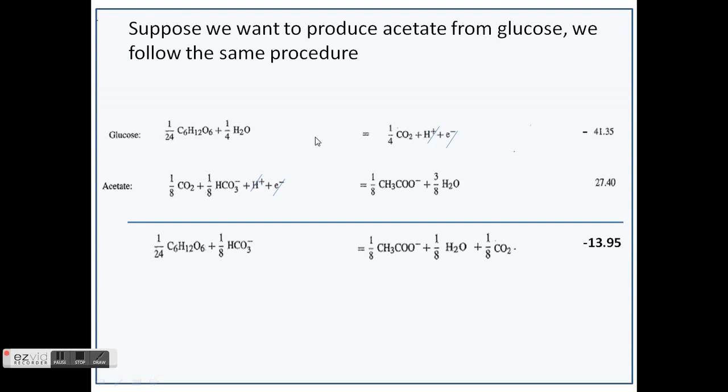The water, this is bigger than this, so I can move water to this side, and then I'll subtract. I'll get 1/8. I can move the carbon dioxide to this side, subtract, I'll get 1/8, and our energy is 2. So this is also a favorable reaction. So it's pretty much straightforward. When you have two half reactions, you can just add them.